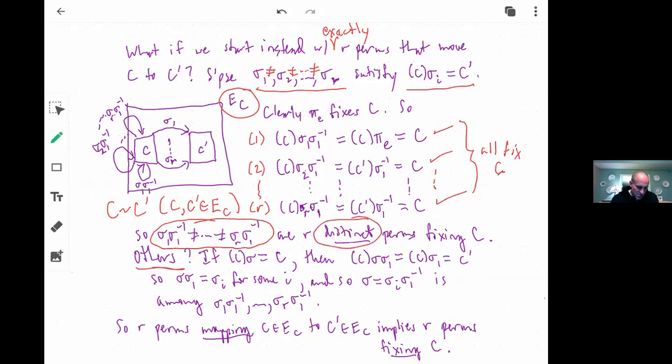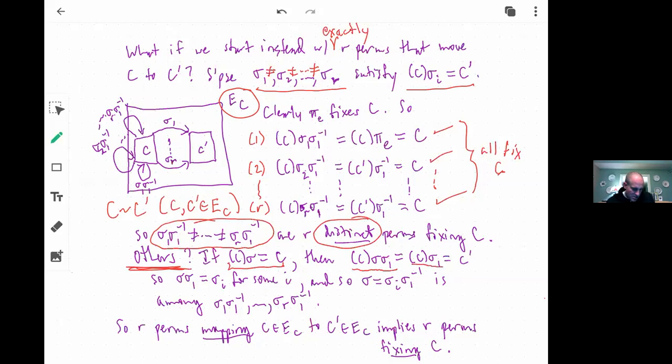Could there be others? Well, by the same argument, if sigma was something that fixed C, then of course, what would happen here? If I took sigma 1 and applied that to C, sigma C is just C, but sigma 1 C sends me to C prime.